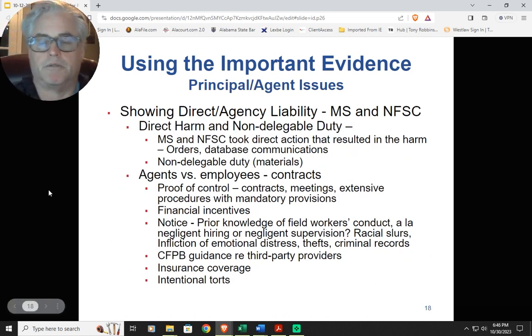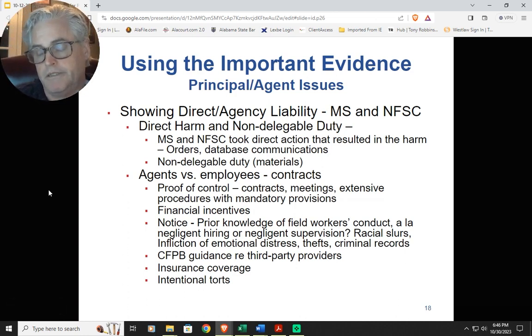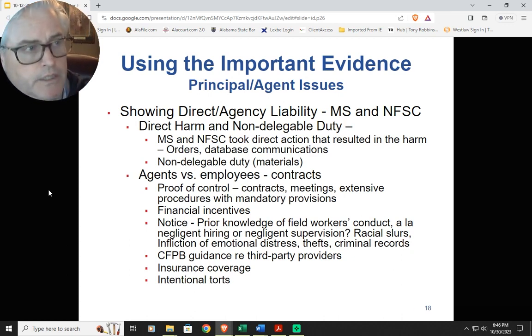So, your principal agency issues in these cases deal with direct or agency liability for the servicer and the National Field Services Company. They deal with the direct harm caused by their own conduct and the idea that these duties are non-delegable.